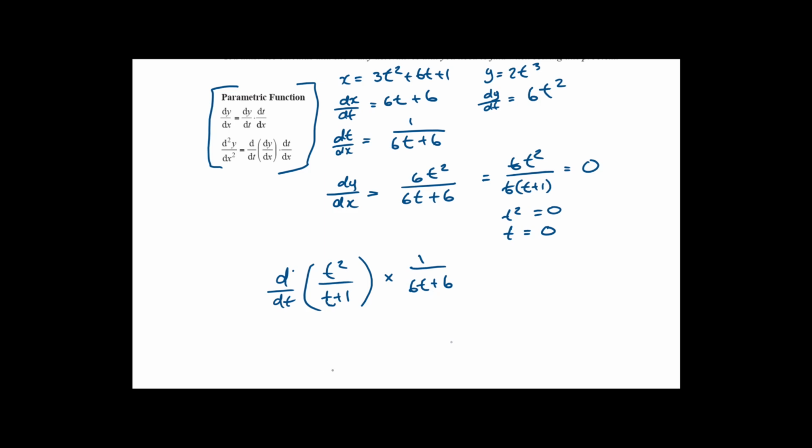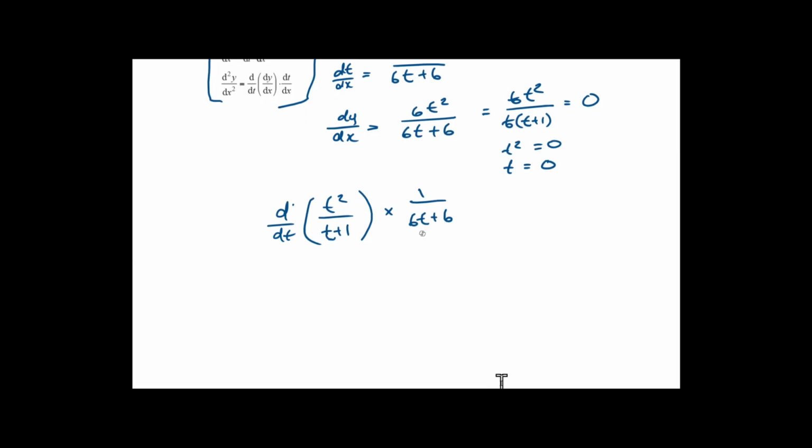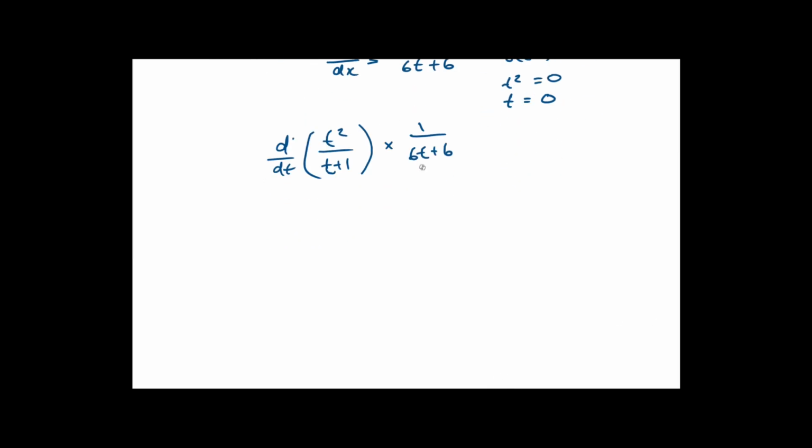So first thing we have to do is differentiate this. And to do that, I guess we're going to need to use the quotient rule, aren't we? Okay, let's use the quotient rule to solve this. So it's in the form u over v. So u over v, all differentiated, is u prime v minus u v prime over v squared.